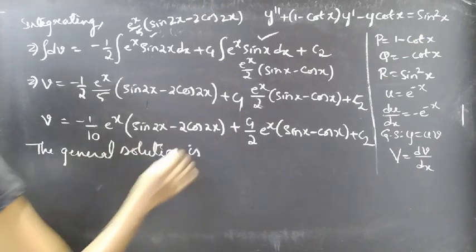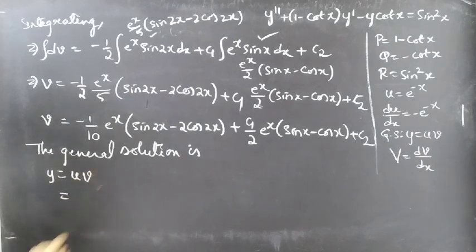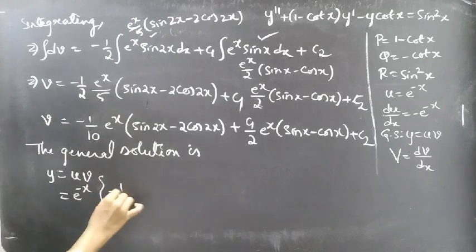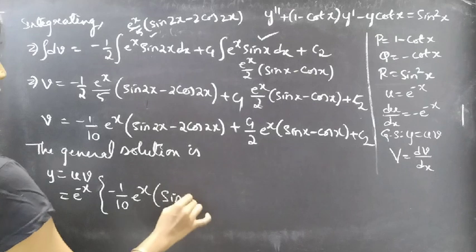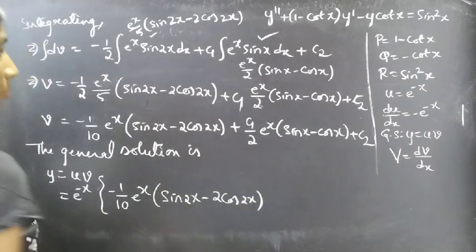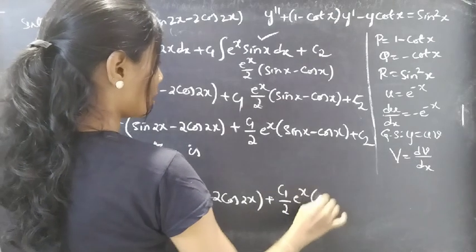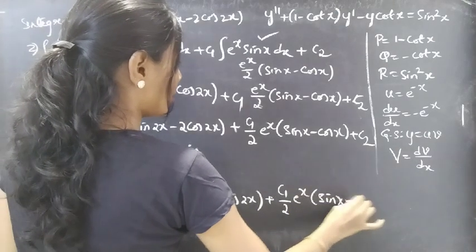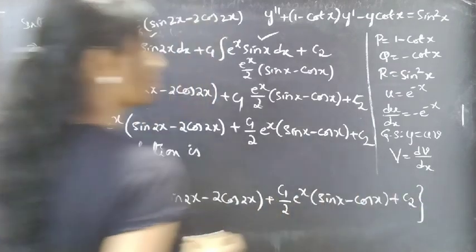The general solution is given by y equal to u into v, where u is e power minus x into v: minus 1 by 10 into e power x of sin 2x minus 2 cos 2x plus c1 by 2 into e power x times sin x minus cos x plus c2.